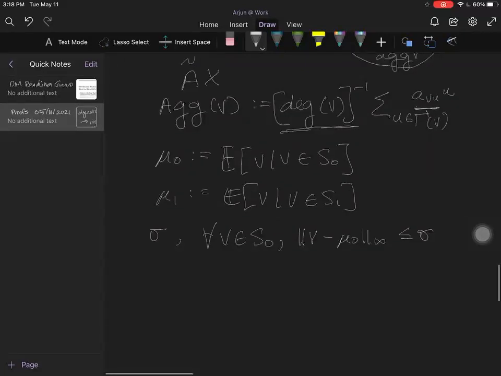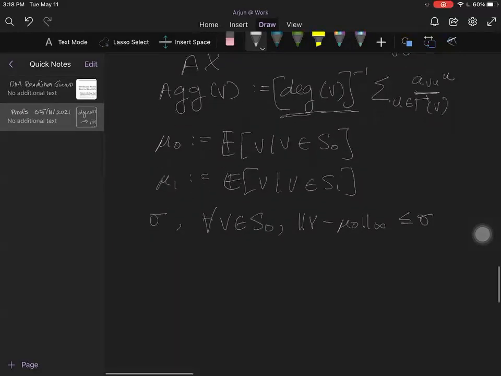So for any entry in V versus the average value mu naught across all the vertices in S0, the maximum deviation within any entry is less than or equal to sigma. And we have the same property for all V in S1.